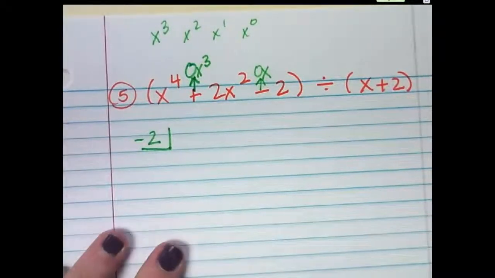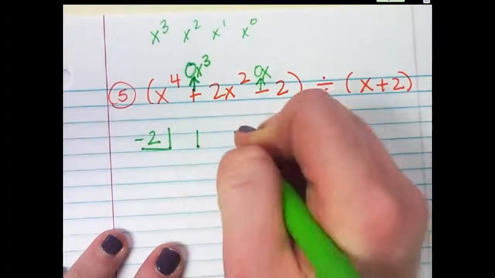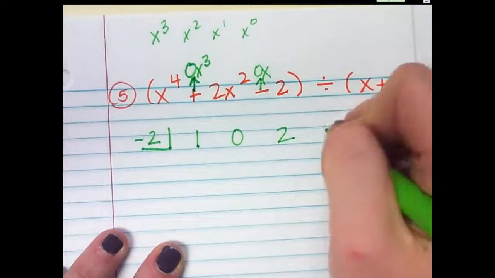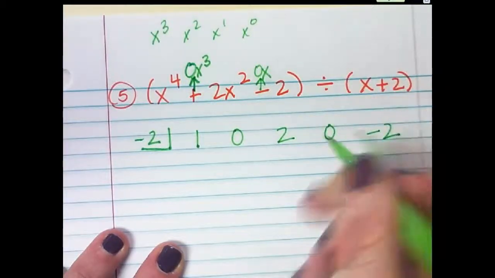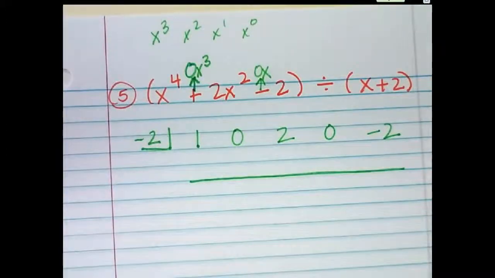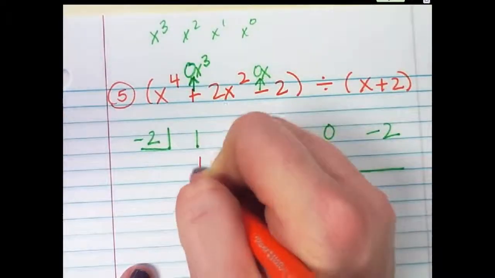And then our coefficients. So we have 1, 0, 2, 0, and negative 2. So when you're doing the problems you're going to work on today, always say to yourself, is anything missing?